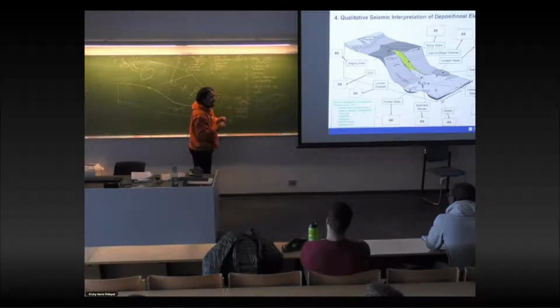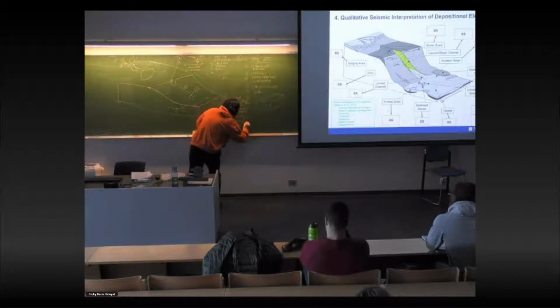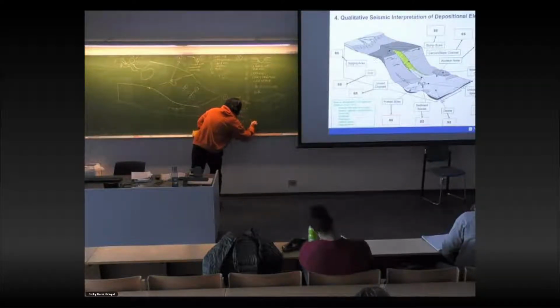But it's not always like that. It really depends on what kind of sediment types are in this channel system. So we can say in this amplitude, both low and high amplitude.